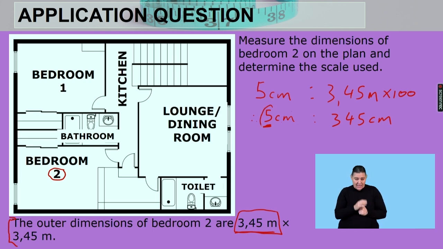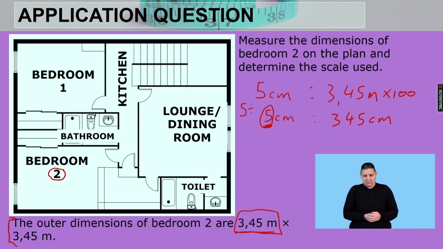So 5 divided by 5, and here again, divided by 5. Therefore, 1, which is what I want on that side, is equivalent to my answer, 69. So the scale for this particular diagram is 1:69. Let's take a short break. When we get back, I'll wrap all this up. See you in a bit.